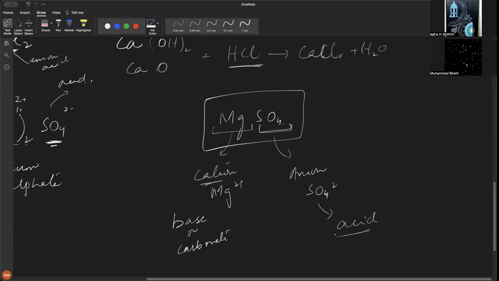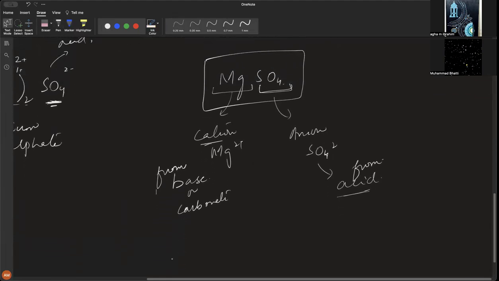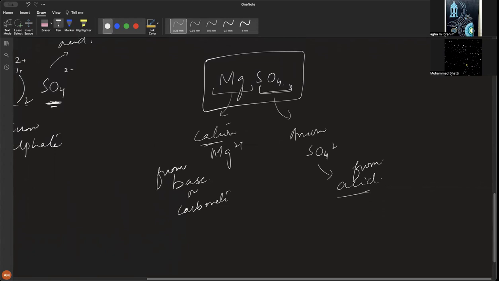So if you were asked to create an equation that would have created this salt, would you be able to do it?